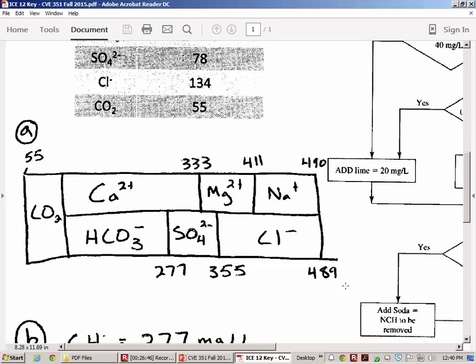So it's the total hardness, which is 411, minus the carbonate part. So the final amount that's remaining is 134 milligrams per liter. All right.